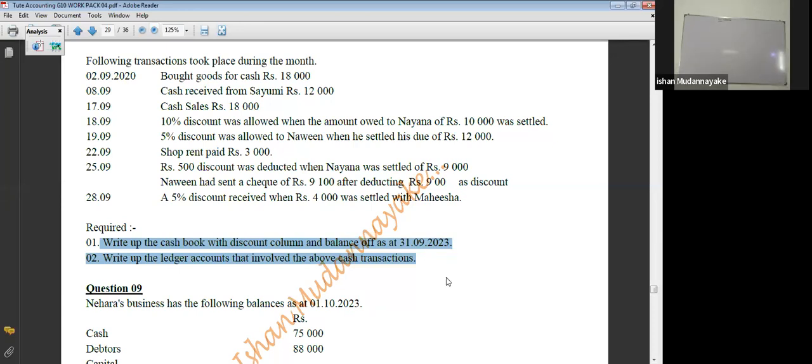Petty cash book in our tune, page number 31. And students, please quickly get the textbook. In your textbook, page number 103, discuss petty cash book.